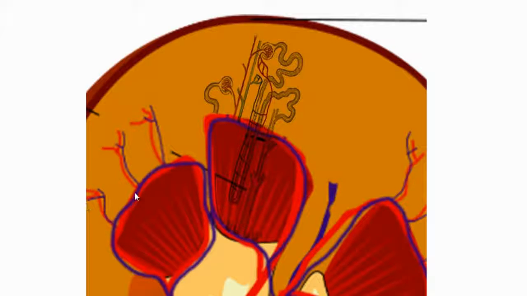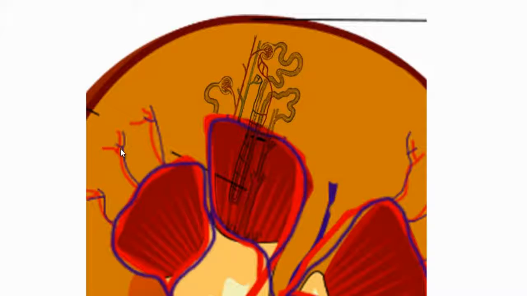So if I just draw your attention over to this side, you can see these blood vessels extending into the cortex. So surrounding the renal medullary pyramid, you've got these blood vessels. At the base of this pyramid, so this is the apex where the papilla is, and at the base you've got an artery called the arcuate artery, and this gives off some branches laterally at a sort of 90-degree angle.